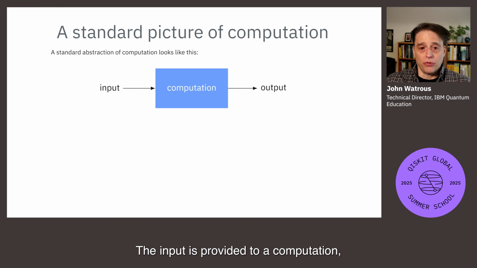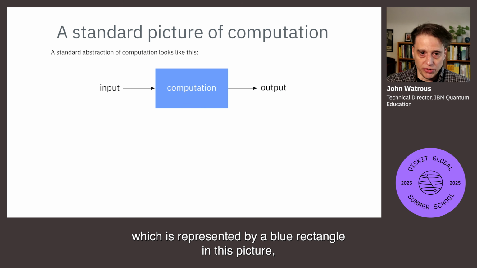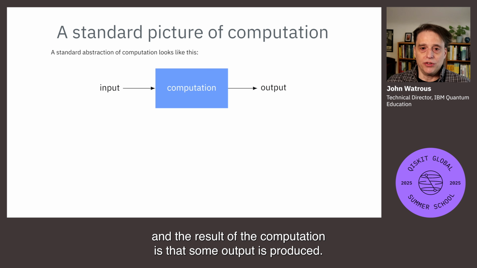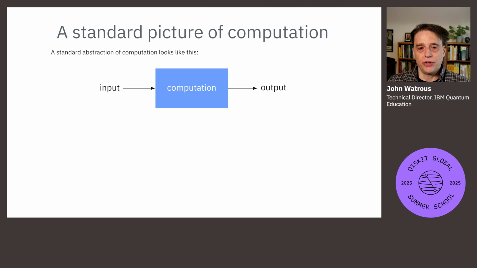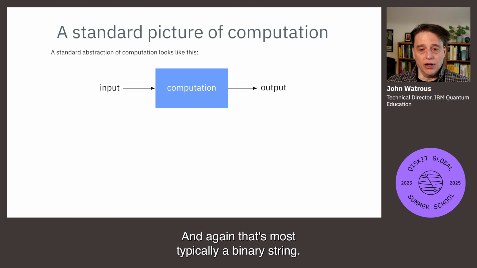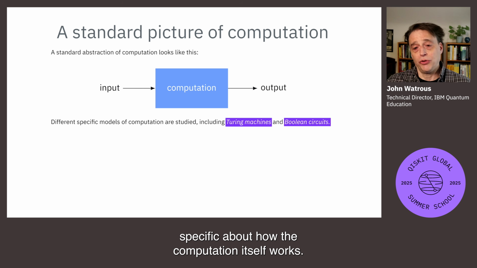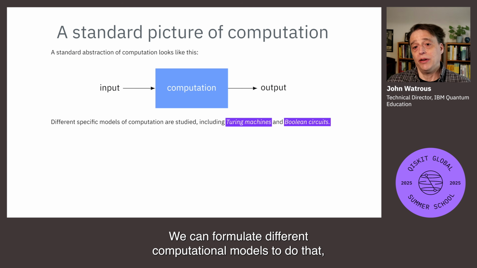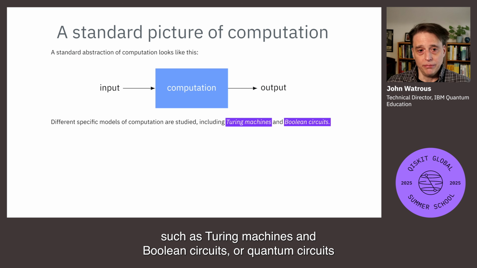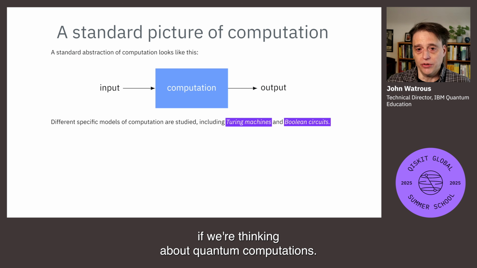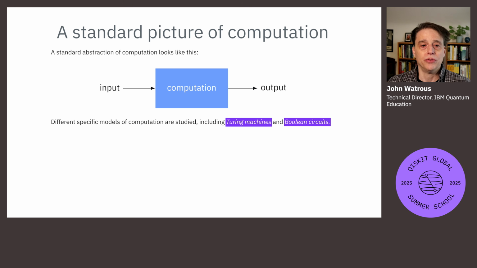The input is provided to a computation, which is represented by a blue rectangle in this picture, and the result of the computation is that some output is produced, and again, that's most typically a binary string. Of course, this picture is not at all specific about how the computation itself works. We can formulate different computational models to do that, such as Turing machines and Boolean circuits, or quantum circuits if we're thinking about quantum computations.